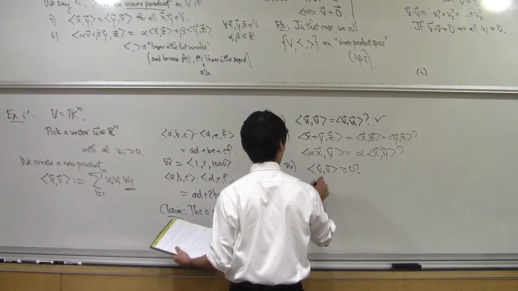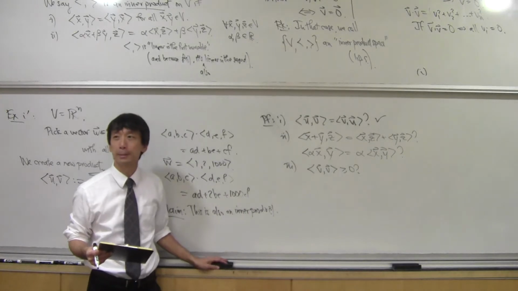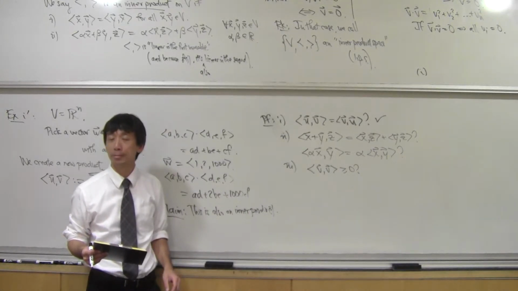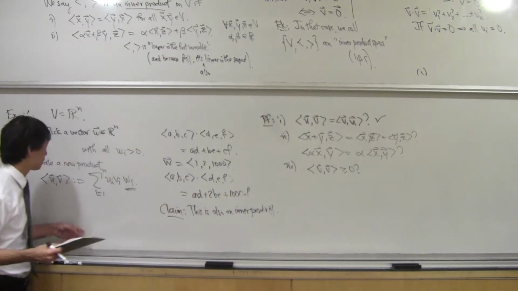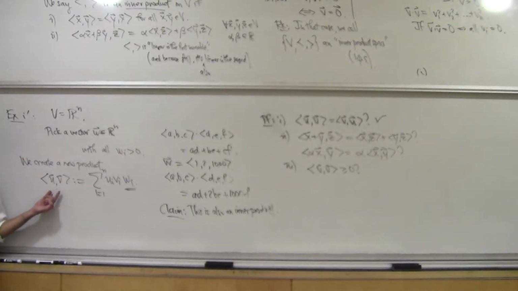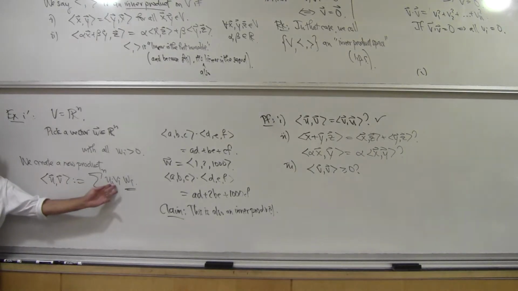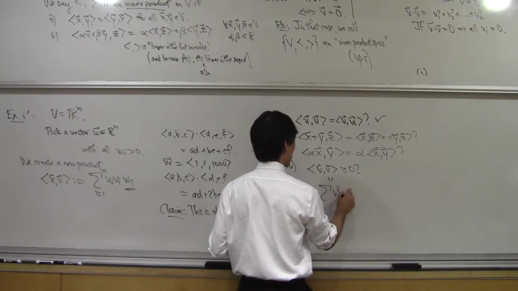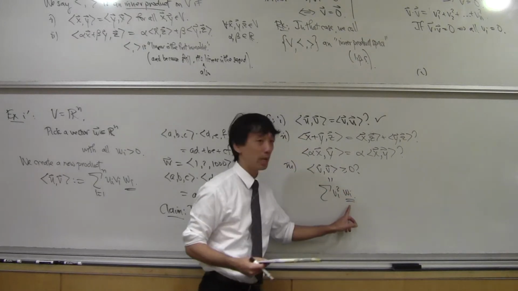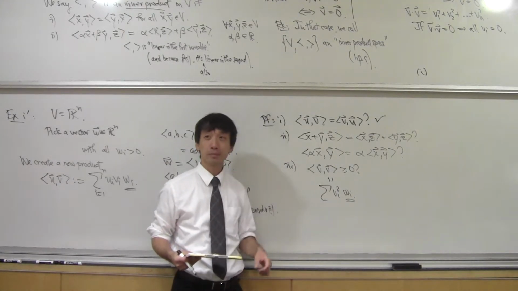Sure, because a vector against itself will be the summation of v_i squared w_i, but the w_i are all positive, so this is still going to be positive, or non-negative.